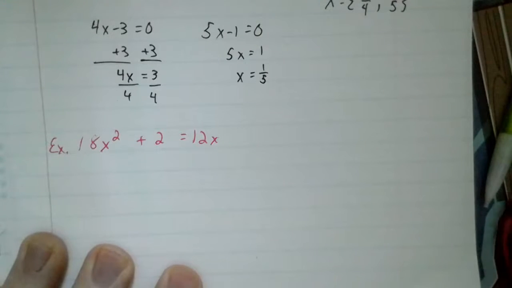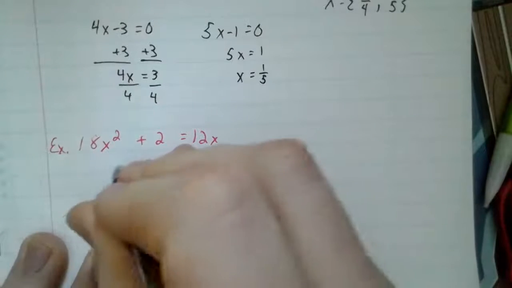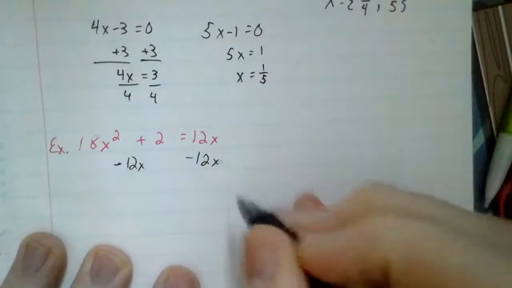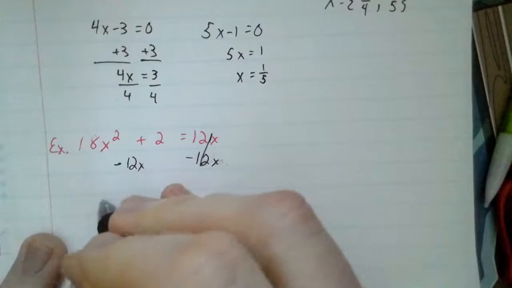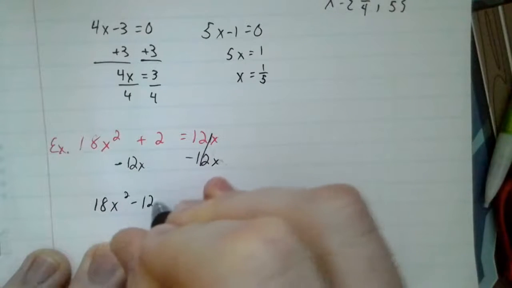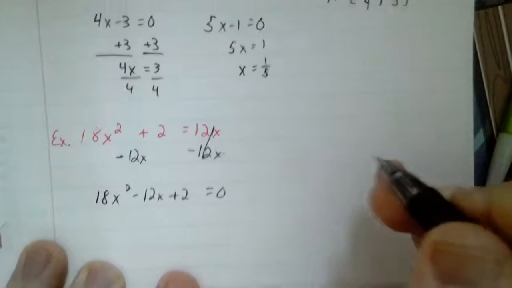So I've got to move that 12x to the other side. I'm going to subtract 12x from each side, because remember, I want that 18x squared to be positive. So if I do that, I'm going to end up with 18x squared minus 12x plus 2 equals 0.